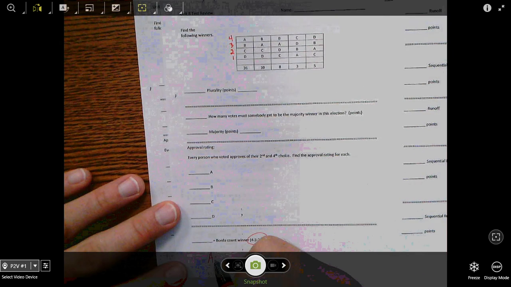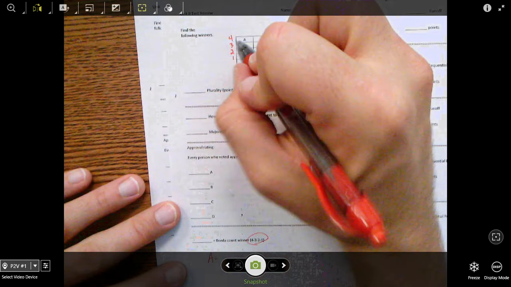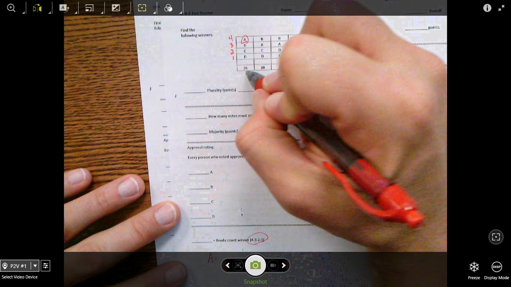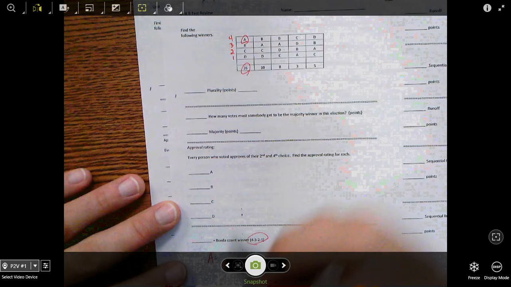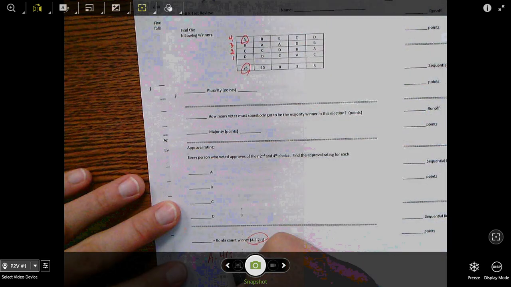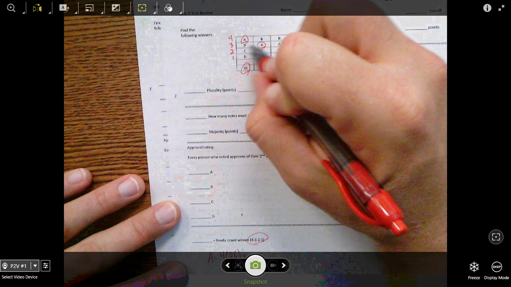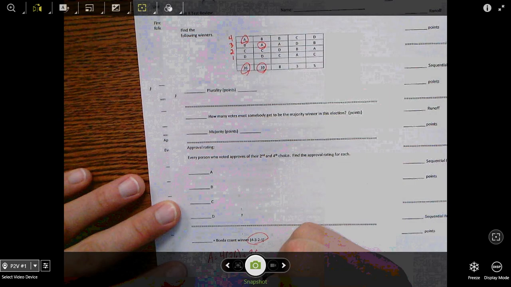Now, I'm just going to go through A just because it'll save time. A came in first place. First place is a 4-pointer, and A came in first place 26 times. So 4 times 26. Plus, I go to the next column. A came in second place. That's a 3-pointer times 10. 3 times 10.